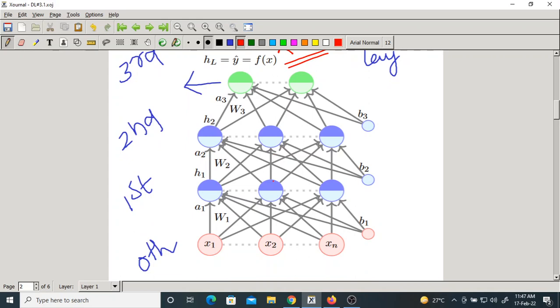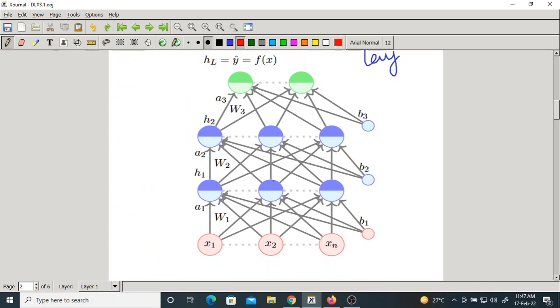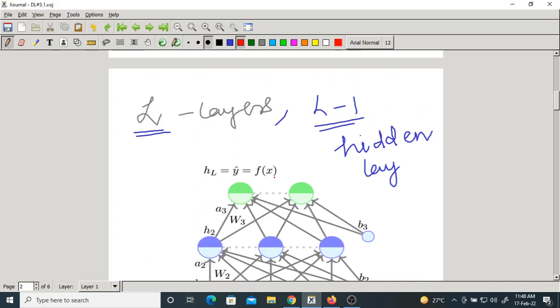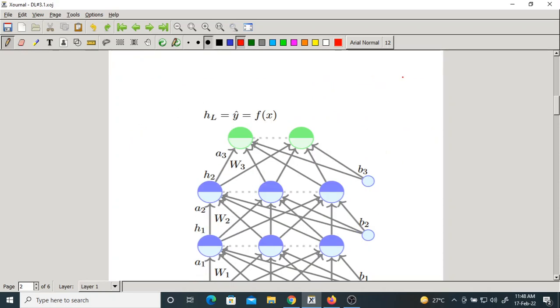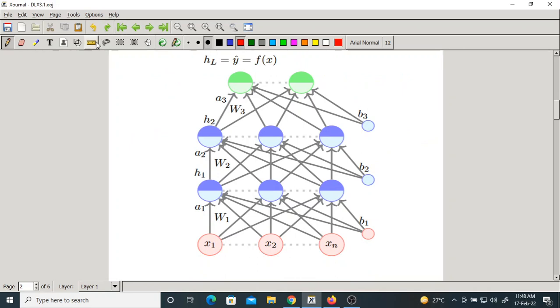Okay. Now, if L equals 3, obviously L minus 1, that is 3 minus 1, equals 2 hidden layers. So in this diagram we have 2 hidden layers. These are the 2 hidden layers.